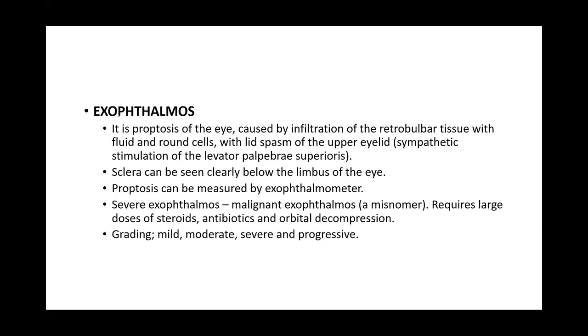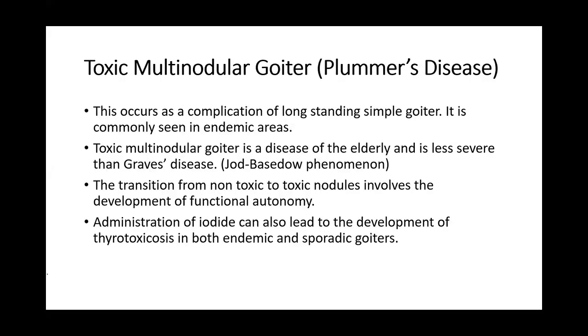Proptosis can be measured by an exophthalmometer. Severe exophthalmos, malignant exophthalmos, is a misnomer, okay? It requires large doses of steroids, antibiotics, and orbital decompression. The grading is mild, moderate, severe, and progressive exophthalmos. Okay, now we'll talk about the toxic multinodular goiter or Plummer's disease.